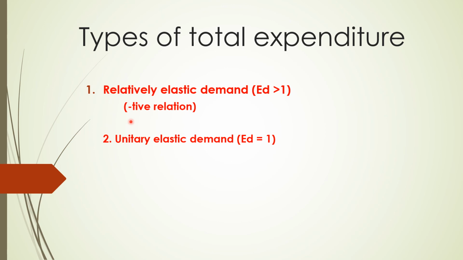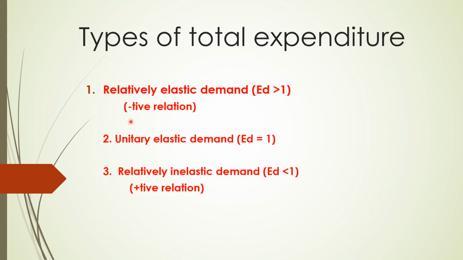Here price increases or decreases but total expenditure remains constant. Number three, relatively inelastic demand curve. Here you have a positive relation between price and total expenditure. Price increases, total expenditure also increases. When price decreases, total expenditure also decreases. So it is a relatively inelastic demand curve.